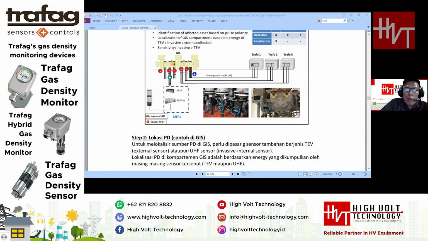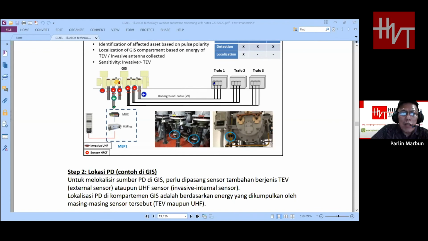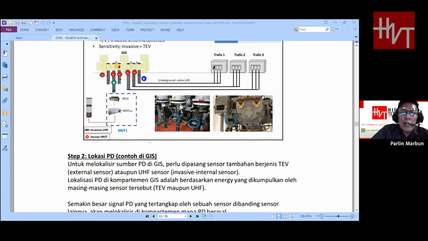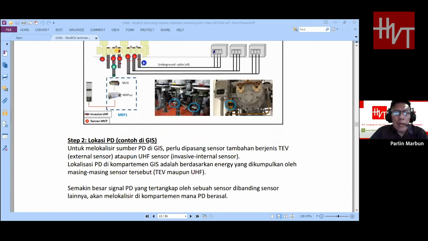Lokalisasi PD di kompartemen GIS berdasarkan energi yang dikumpulkan oleh masing-masing sensor. Apabila terjadi PD di lokasi ini, maka sensor yang paling dekat akan mendapatkan energi yang paling besar, sehingga lokasi PD dapat dideteksi langsung melalui gambar yang kita dapatkan di peralatan.